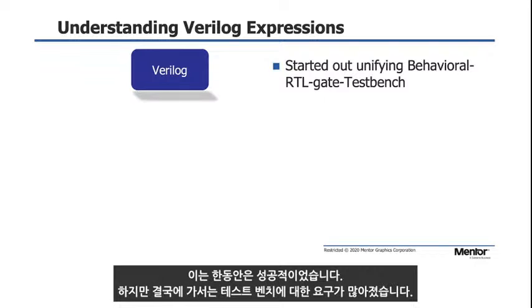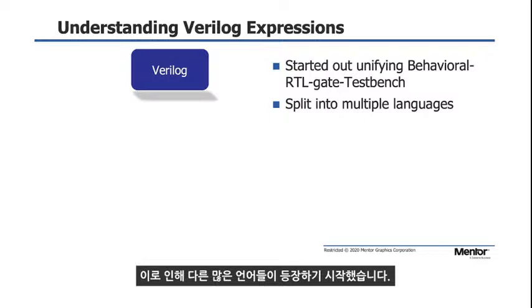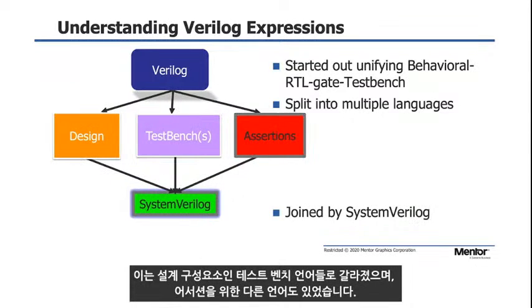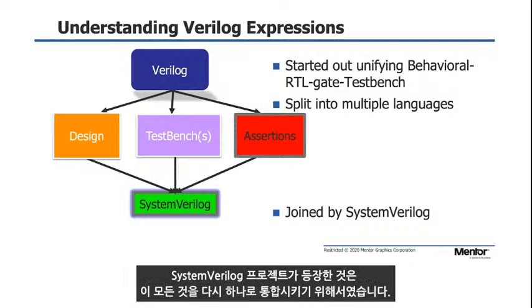That worked well for a while, but eventually there were a lot of demands on the test bench. A lot of other languages started coming out, and it split into a design component, a test bench language, and another language for assertions. And the SystemVerilog project came into being to join everything back together.